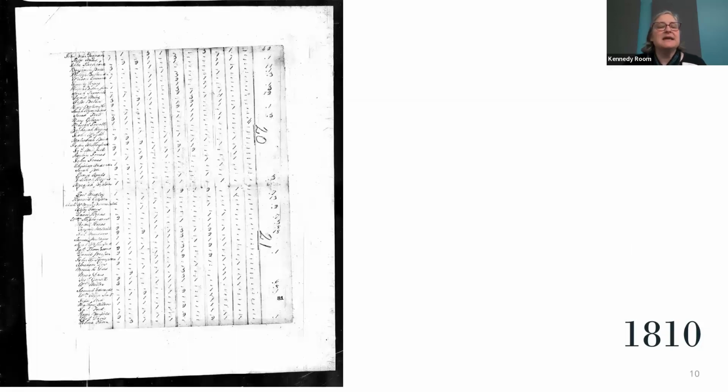So in 1810, again, Marion District, Liberty County, and again, that's on the side. You get the name of the head of family, free white males, and similar demographics to the 1800 census.